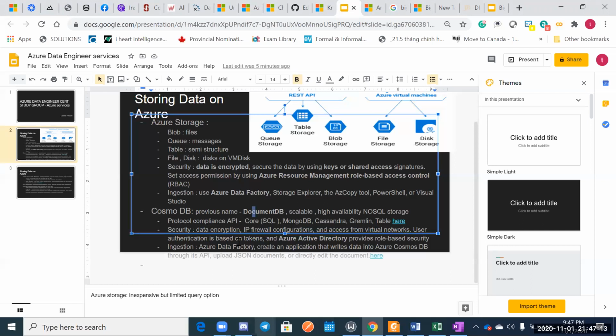So remember about this database, it comes with APIs, and with Cosmos DB, there are a lot of APIs that come with it. I want you guys to spend the rest of the time looking at them.